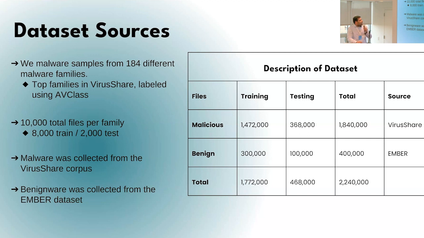In total, we have 10,000 malicious files for each of the 184 families, which we split into two parts: 8,000 we will be using for training and 2,000 for testing. We got the benign files from the EMBER dataset. We are using 300,000 files for training and 100,000 files for testing.